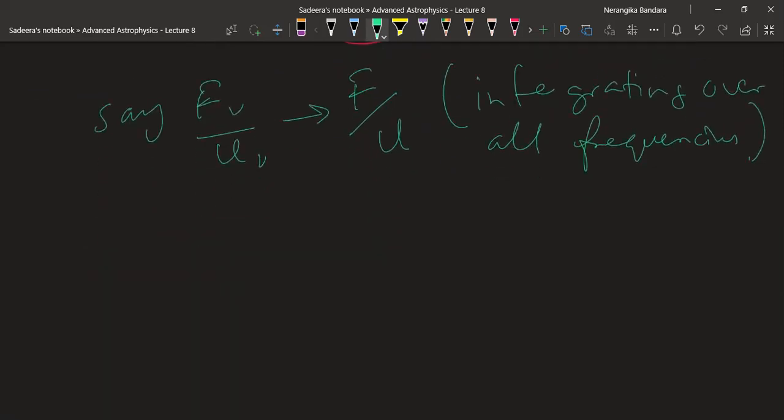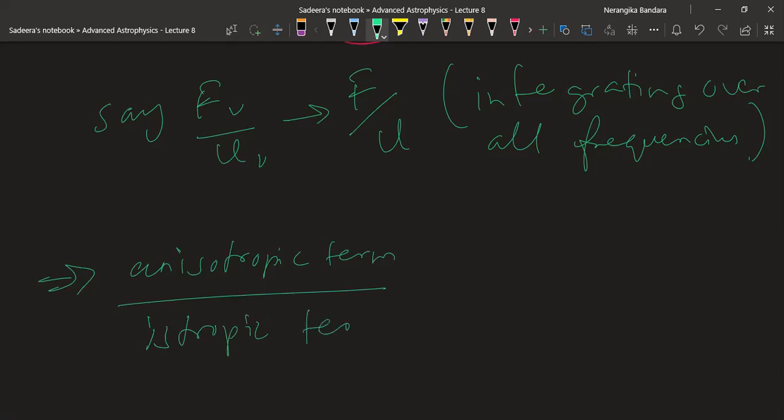I'm going to rewrite the previous equation in this way. So it's the anisotropic term divided by the isotropic term, which would be roughly equal to 3 times the flux divided by c times the energy density. Call this equation number 46.